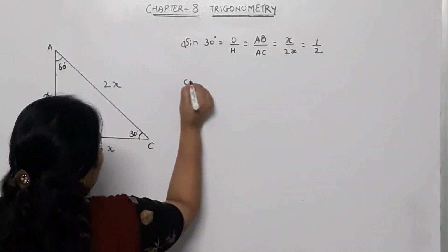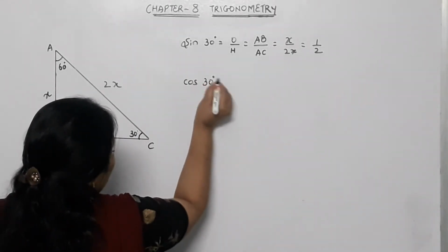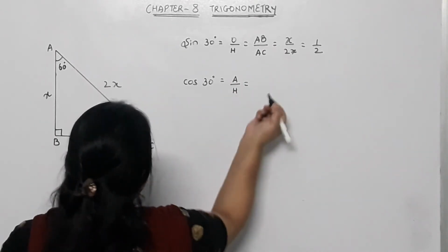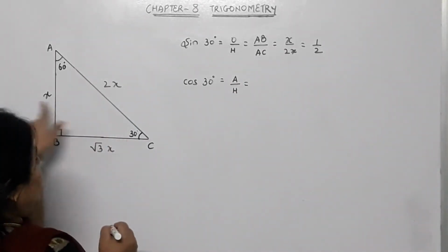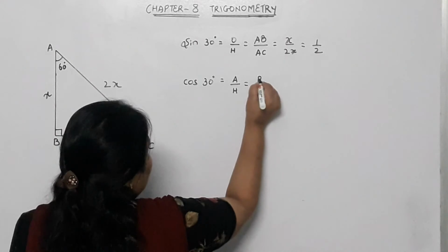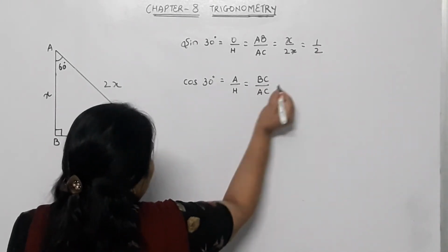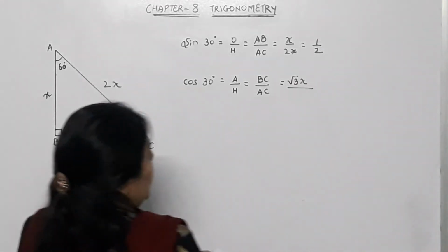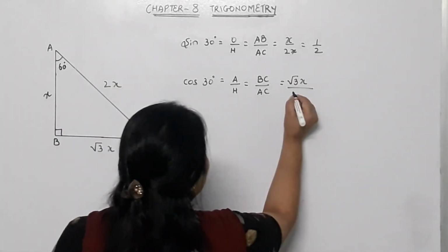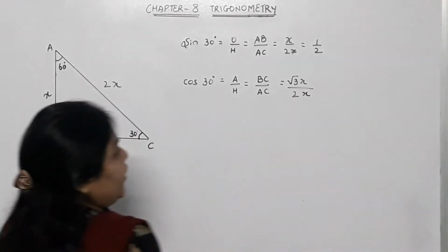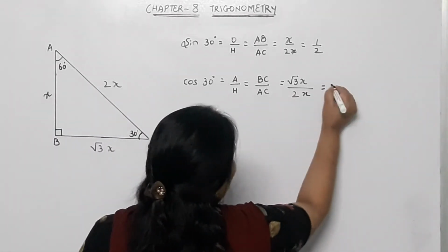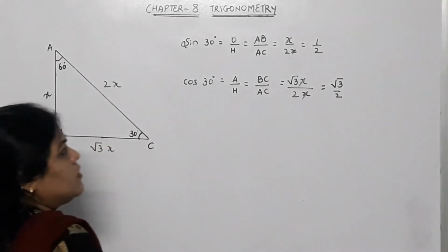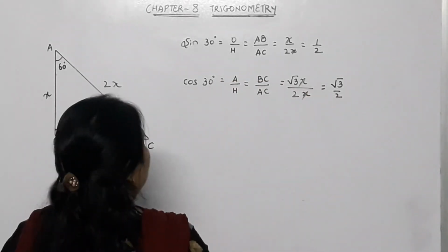Then cos 30. The ratio of cos 30 is adjacent upon hypotenuse. The adjacent of 30 degree is BC. BC upon AC is equal to root 3x upon 2x. So it will be root 3 by 2. X and x will be cancelled. So cos 30 is root 3 by 2.